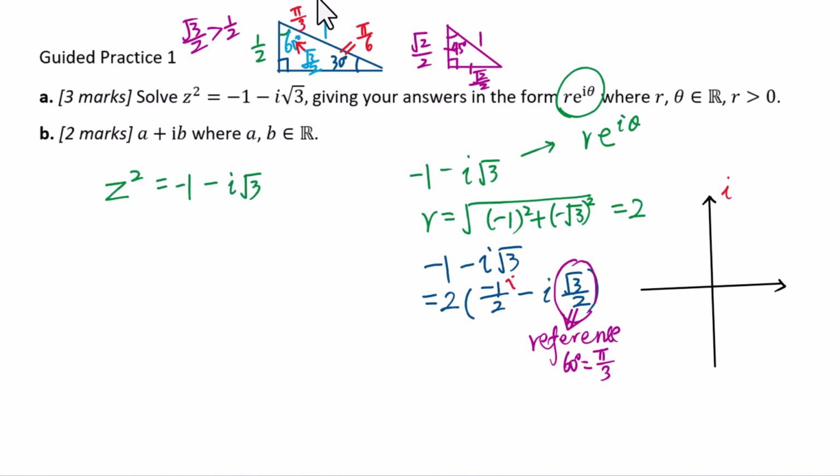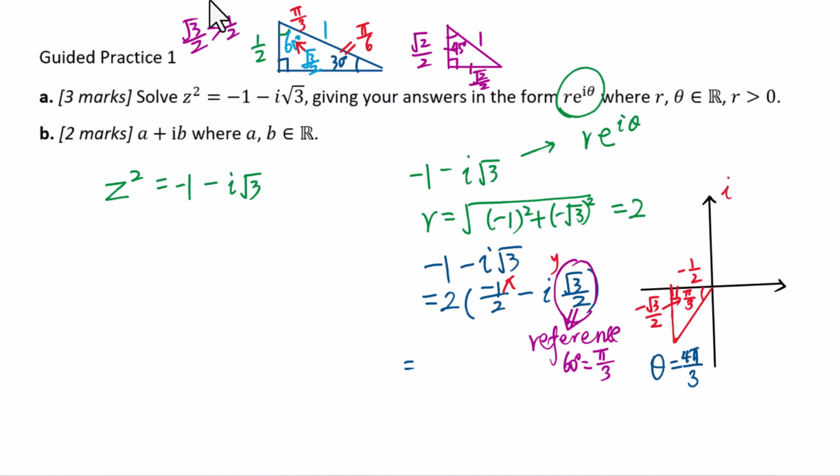This is x, this is y. -1/2, then negative square root of 3 over 2. Remember, reference angle will be formed by the x-axis. Complex number is located on the third quadrant. Theta equals 4 pi over 3.